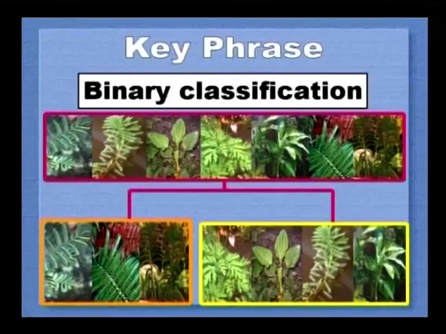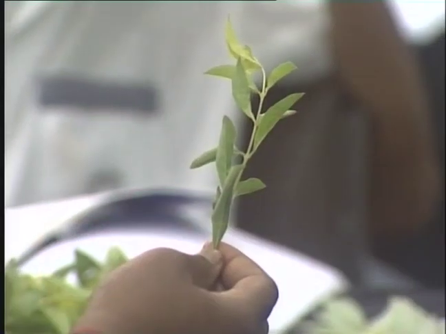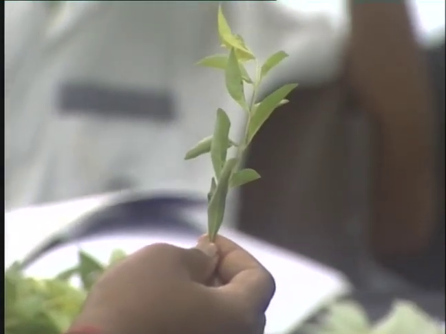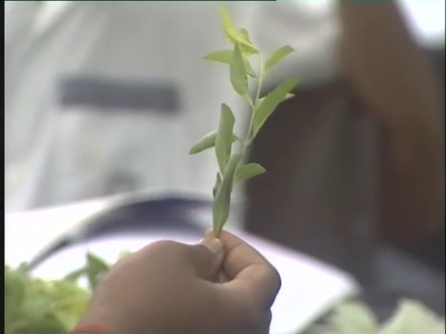Sorting properties. Okay, Carlen says sorting properties. Let's see what I have. Okay, binary classification. So what you actually did, Carlen, that is good. You actually sorted those leaves according to their properties. But actually what we did is classifying those leaves.